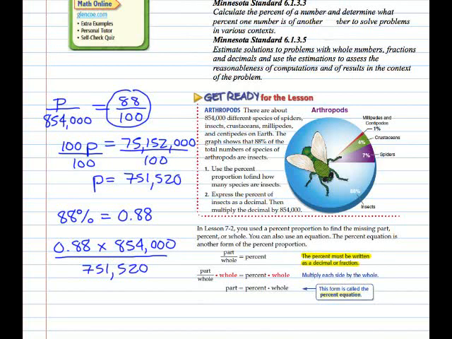They tell you here to change the percent to a decimal, in this case 0.88, or as a fraction, which in this case would be 22 over 25. And then use the other side of the proportion just as it would be. In this case, you multiply both sides of the equation by the whole, and you get the part by itself.